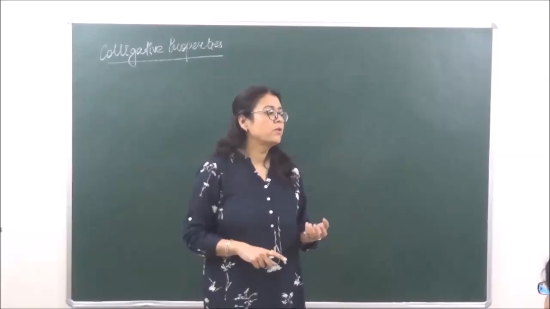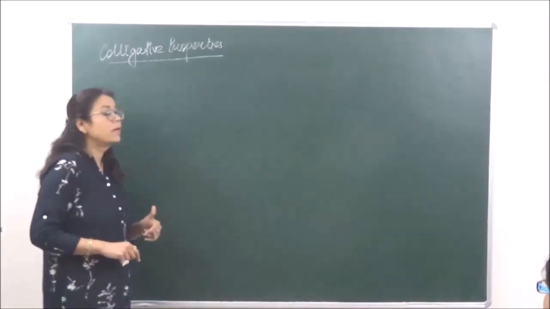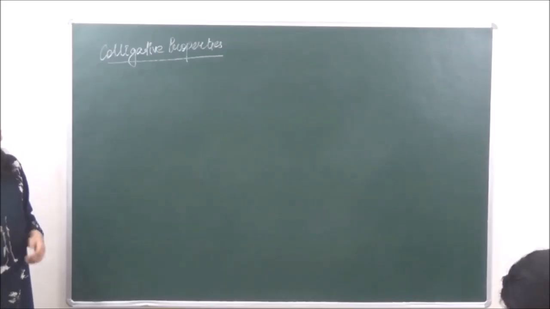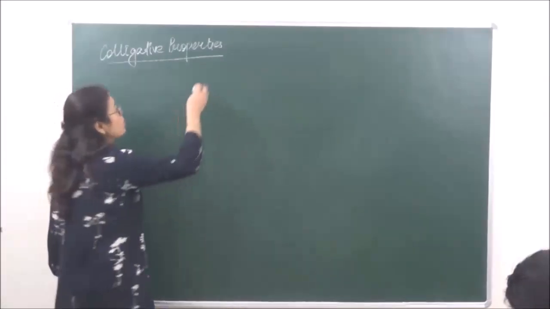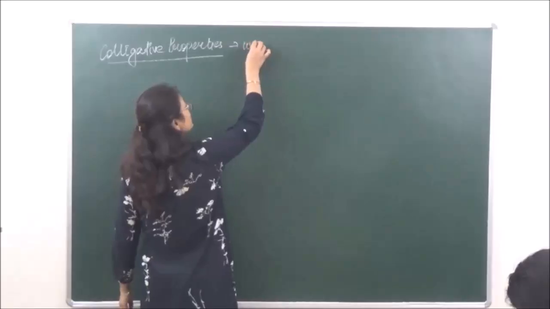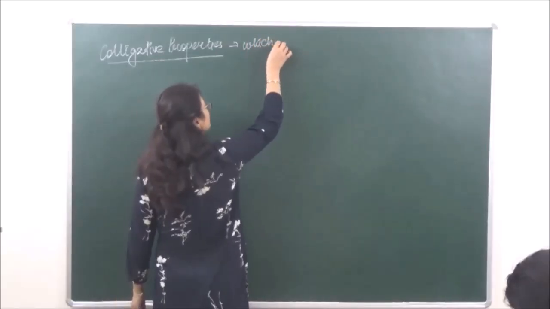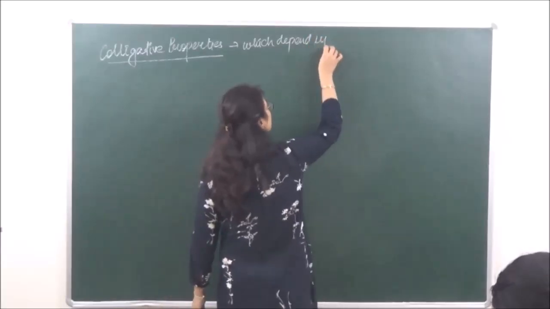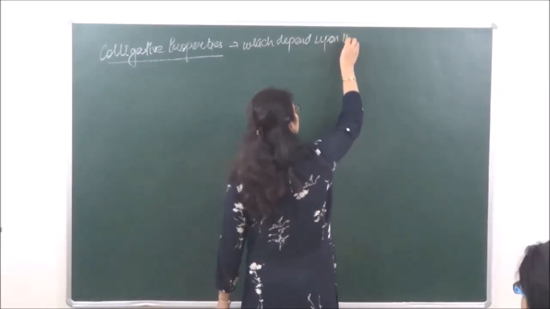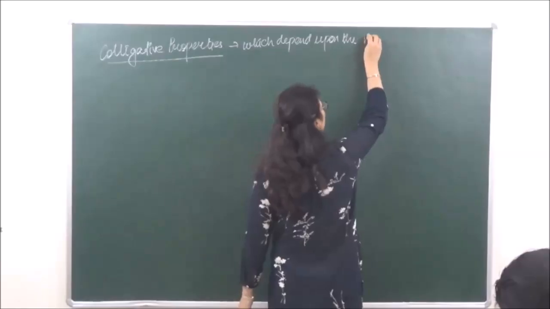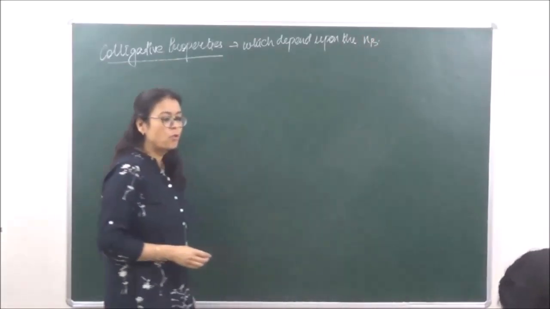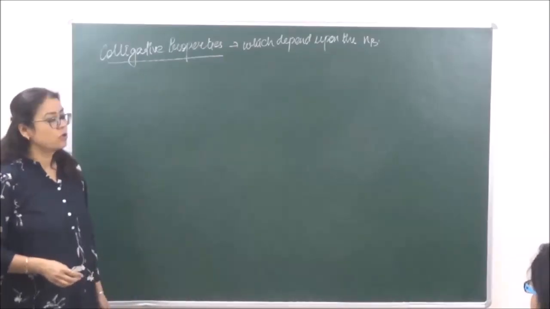Now today what we are going to do is colligative properties. What do we understand by colligative properties? Colligative properties are those properties which depend upon the number of moles of the solute in a solution.